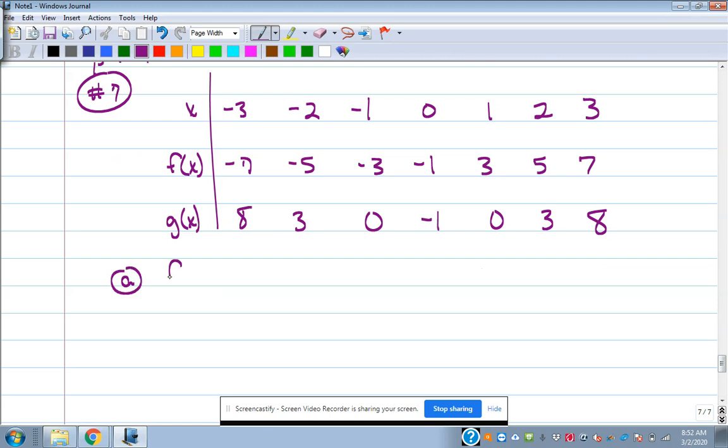A part says find f composed with g of 1. What that means is you take g of 1 and plug it in to the f of x function. So we need to find first what's g of 1.